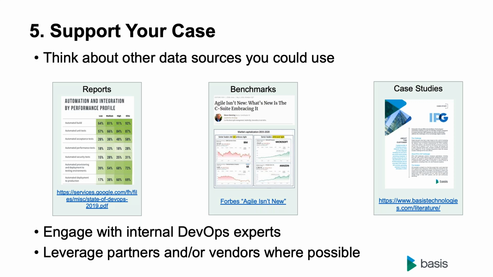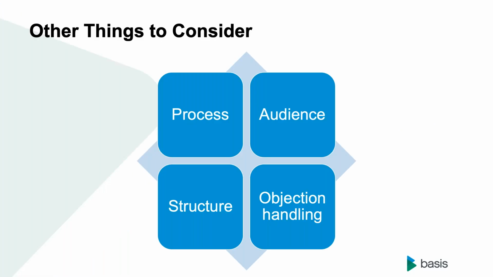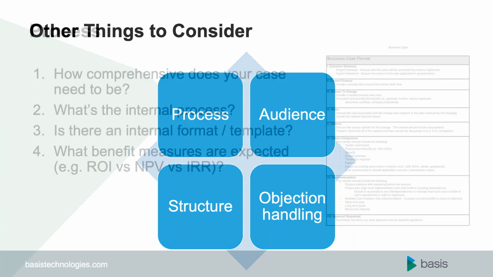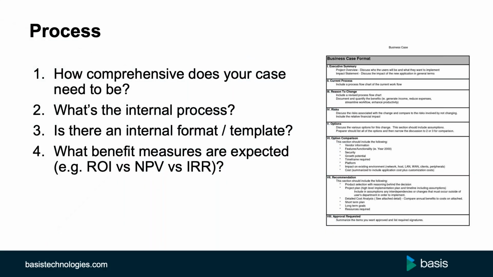So moving into the second stage, there's just four other areas to highlight that are worth considering. One is process, second is audience, third is structure, and finally objection handling. Process is really how do you need to manage this within your organization?